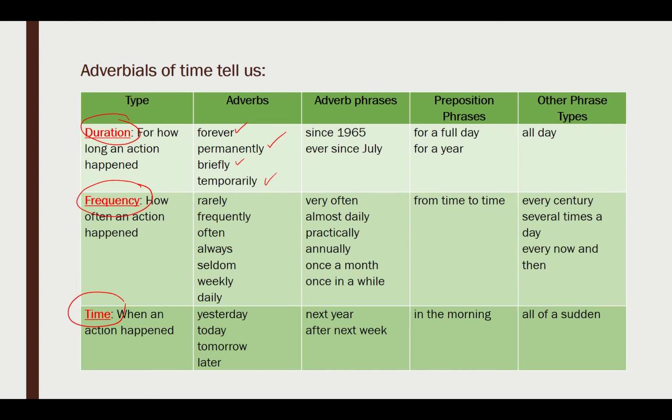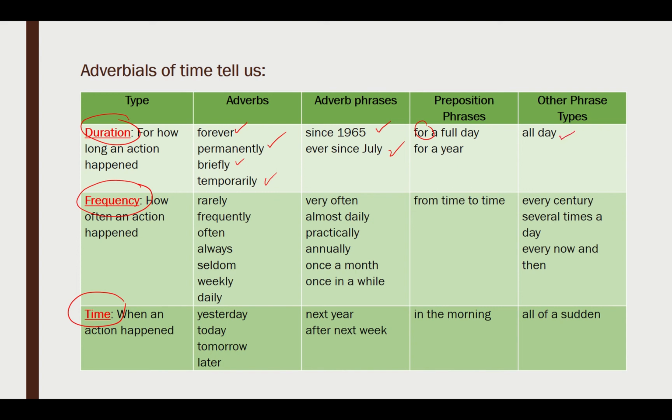As for adverb phrases, which contain more than one word, we can use phrases like since 1965, ever since July. For prepositional phrases, because they start with a preposition, for example, for a full day, for a year. And there are also other phrase types like all day.